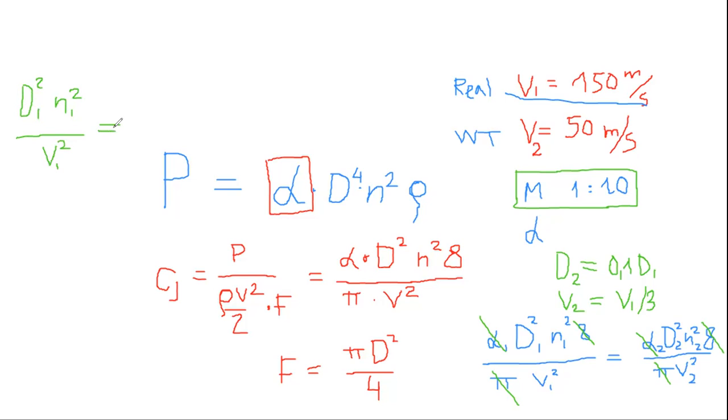This must be equal to... this term became this one squared, this term remained, this 3 became 9 when we put it in this part of the formula, so we can cancel this and this and this and this and we have a relation.